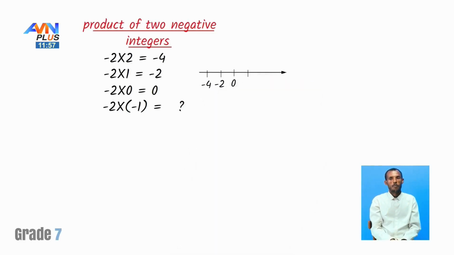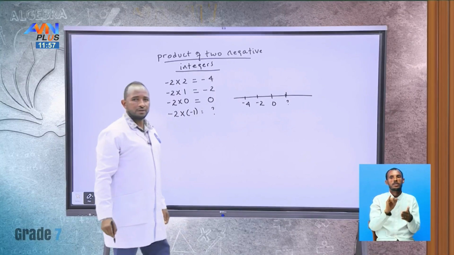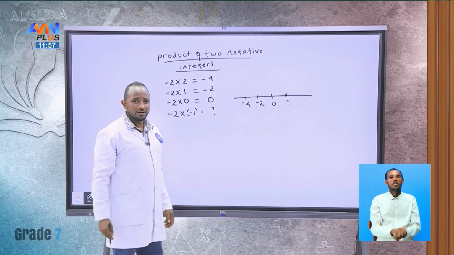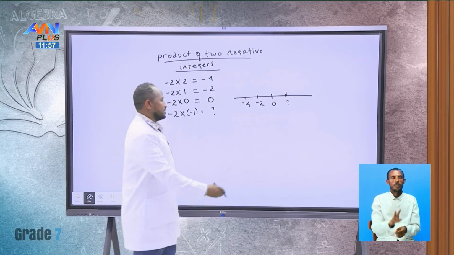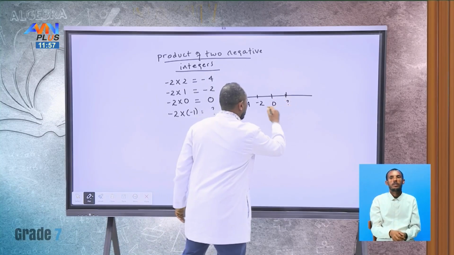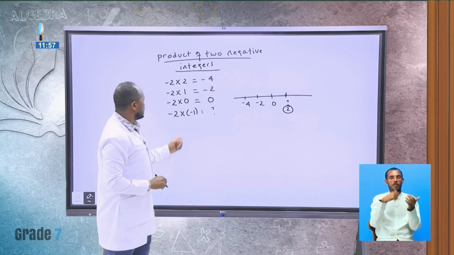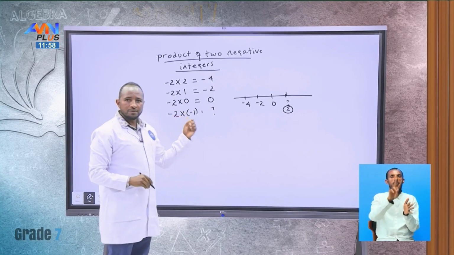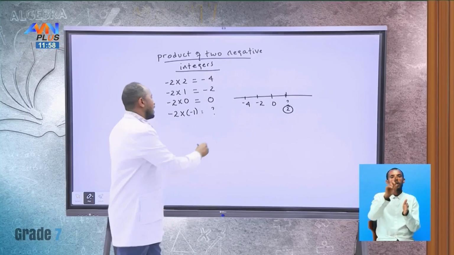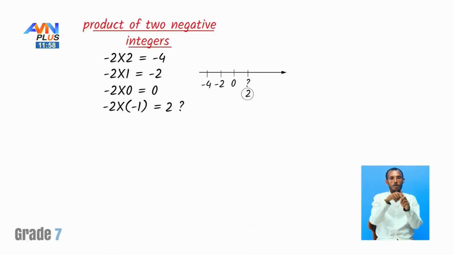What will be the answer here? The answer will be 2. Very nice. Next to 0, following the pattern, you have 2. Therefore, -2 times -1 gives us +2.